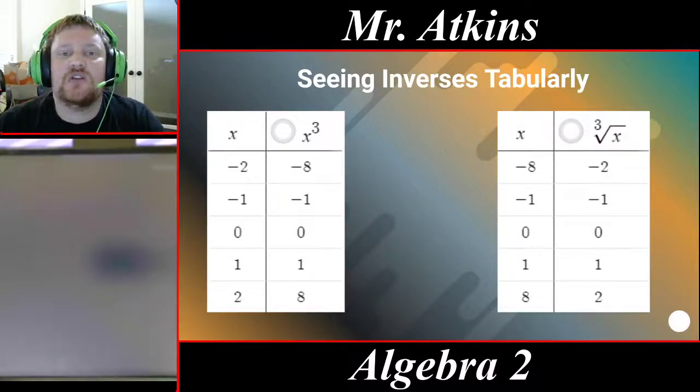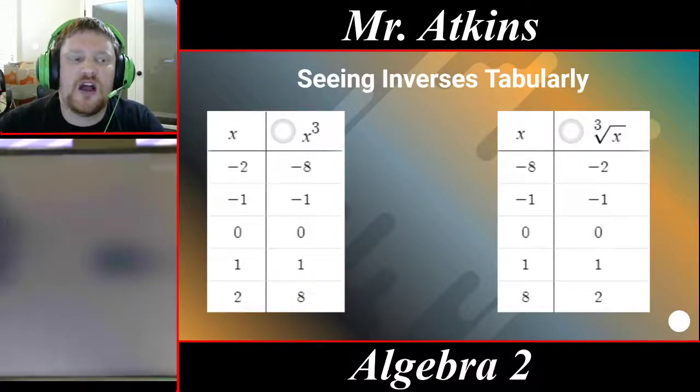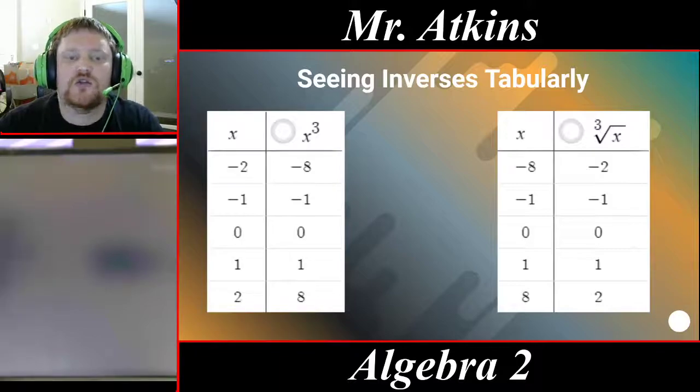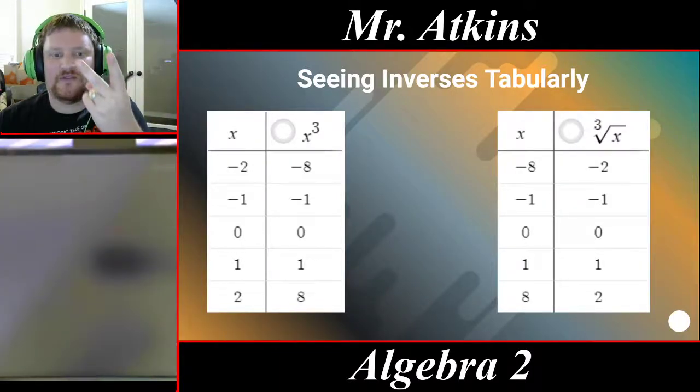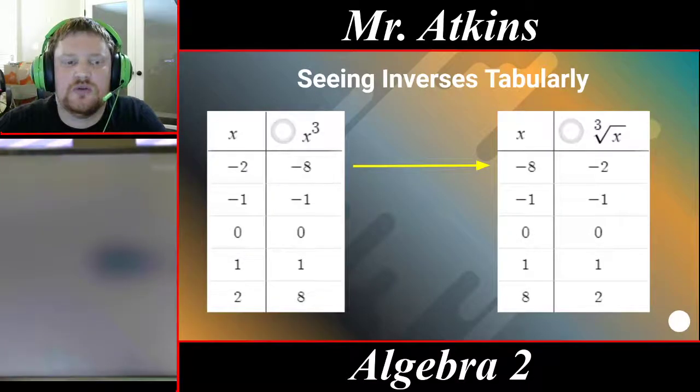Here's how you can tell they are inverses of each other. Notice on the first line on the left we have -2 and -8. But on the right, those switch sides. They exactly flip, and we have -8, -2. Well, on the next line down, we have -1, -1.